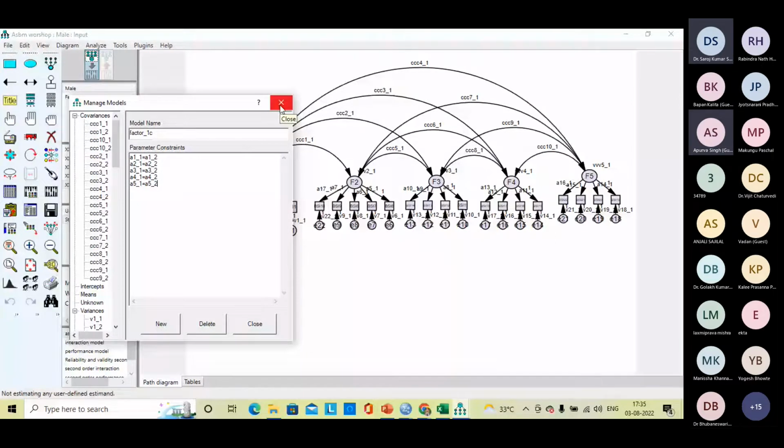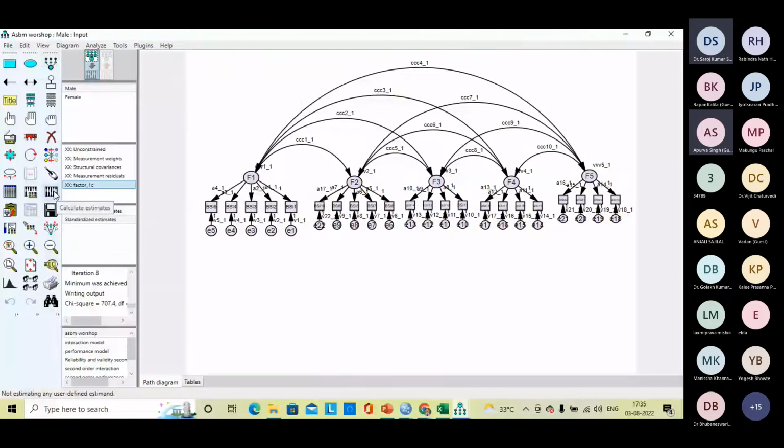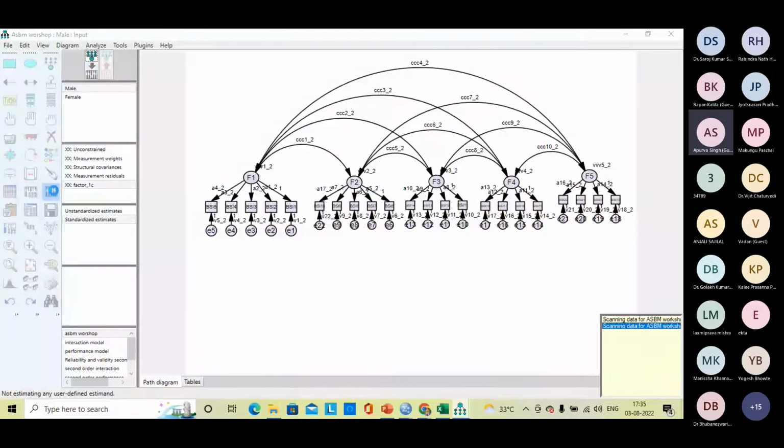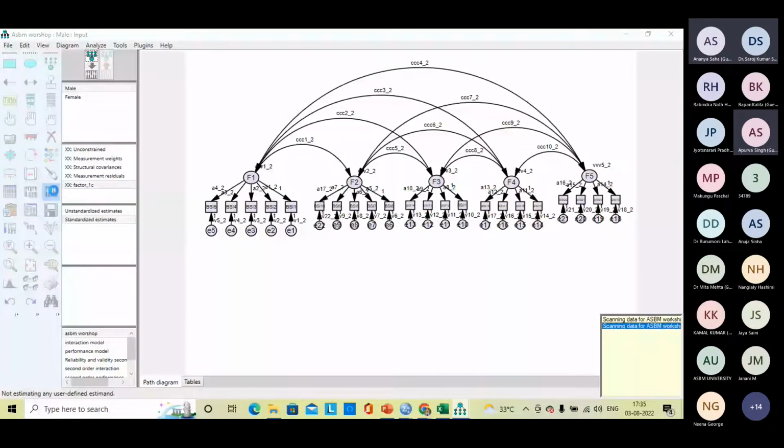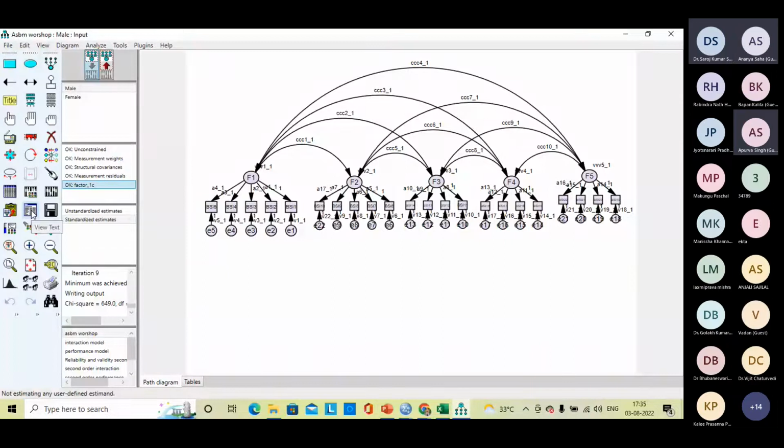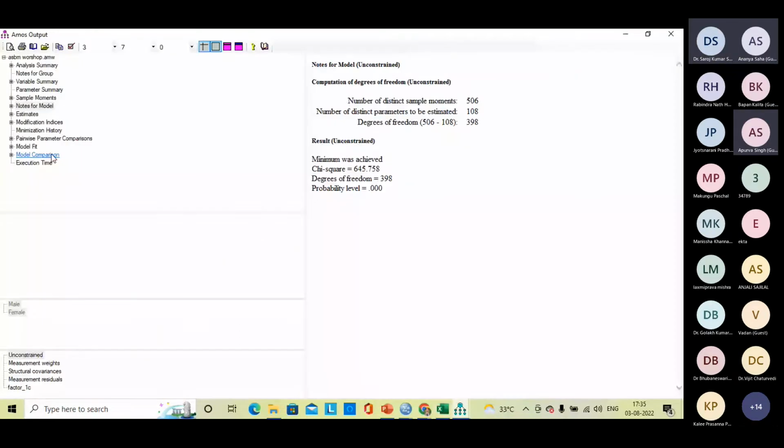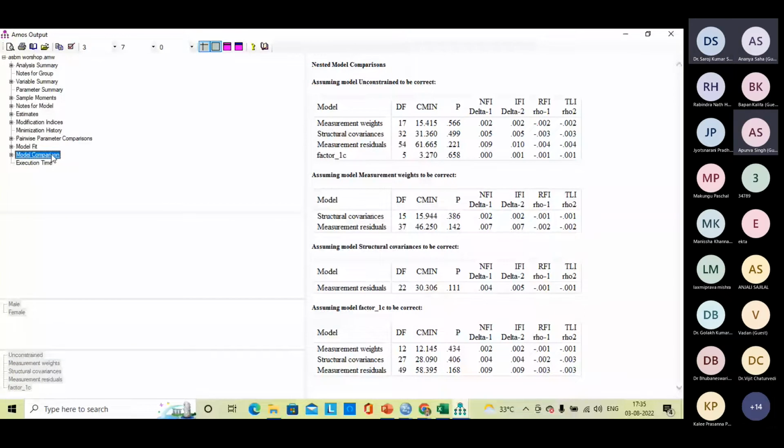So close that. Then make another operation. Start estimating. Go to the output. Go to the model comparison. Now look at here.